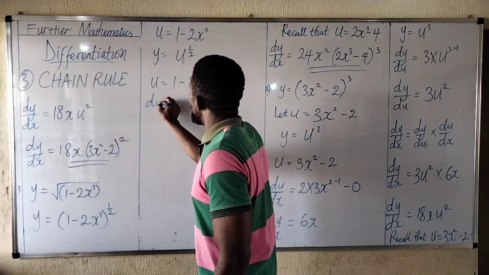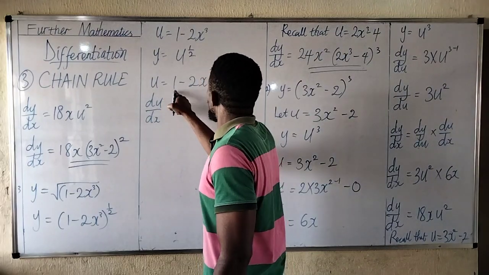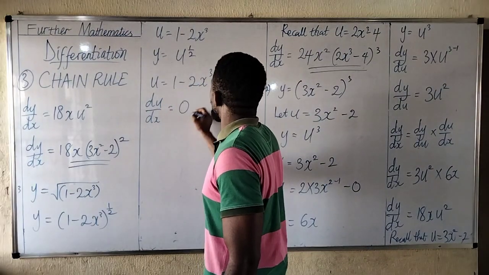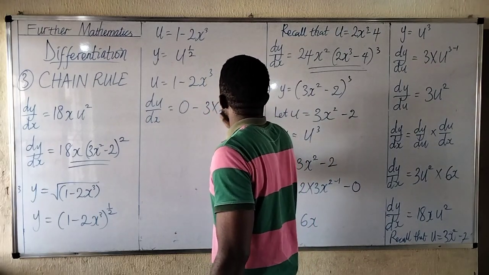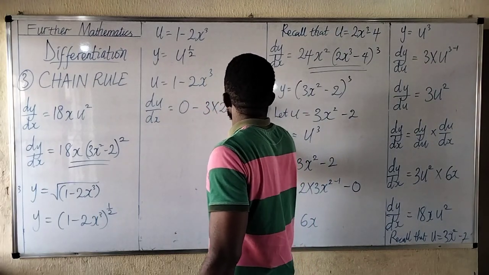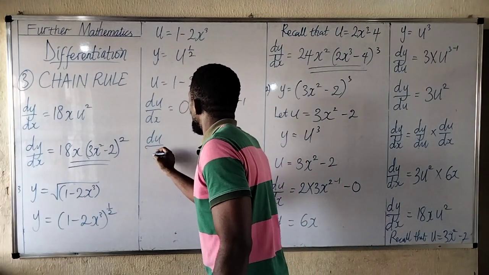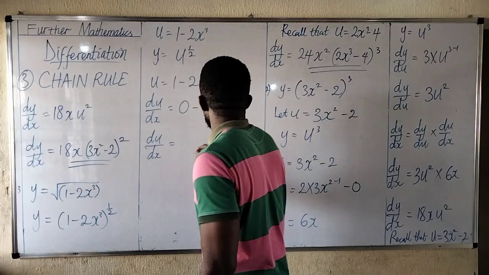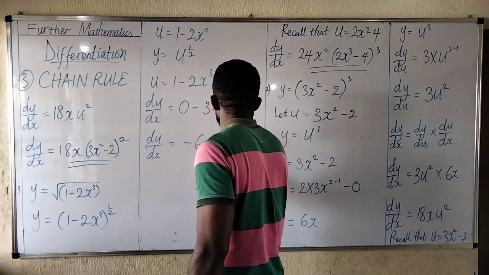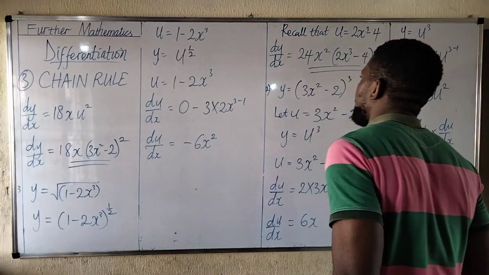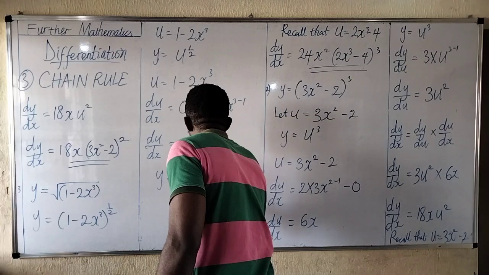Then our du over dx will be, if you differentiate 1, that is a constant, you have 0 minus, if you differentiate this, it will be 3 times 2x raised to the power 3, remove 1 from the power. Then our du over dx will be negative 6x squared. That's what it will be. Then we differentiate this one. y is equal to u raised to the power 1 over 2.